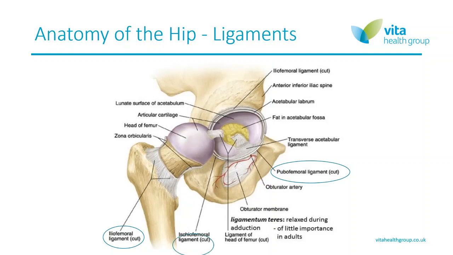And we've got our ischiofemoral ligament, and this is the weakest of the three ligaments and consists of a triangular band of fibres that form the posterior hip joint capsule. It attaches to the ischium behind the acetabulum, and it attaches to the base of the greater trochanter, and that prevents excessive extension.